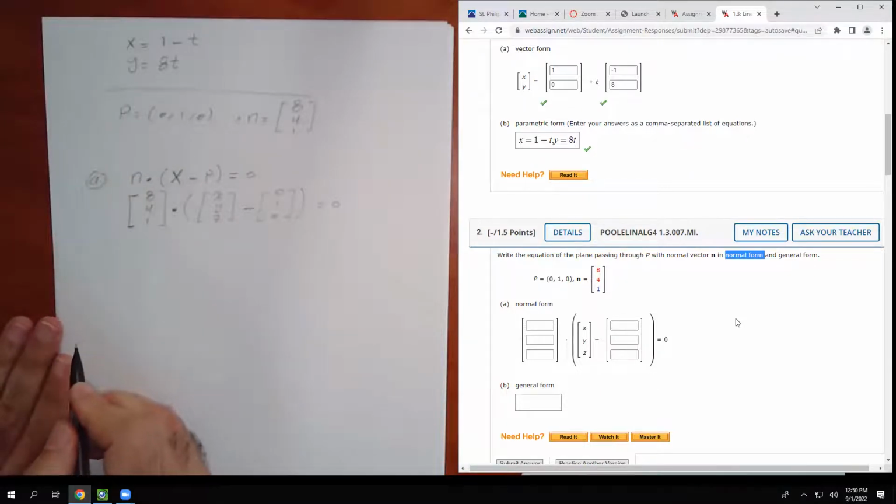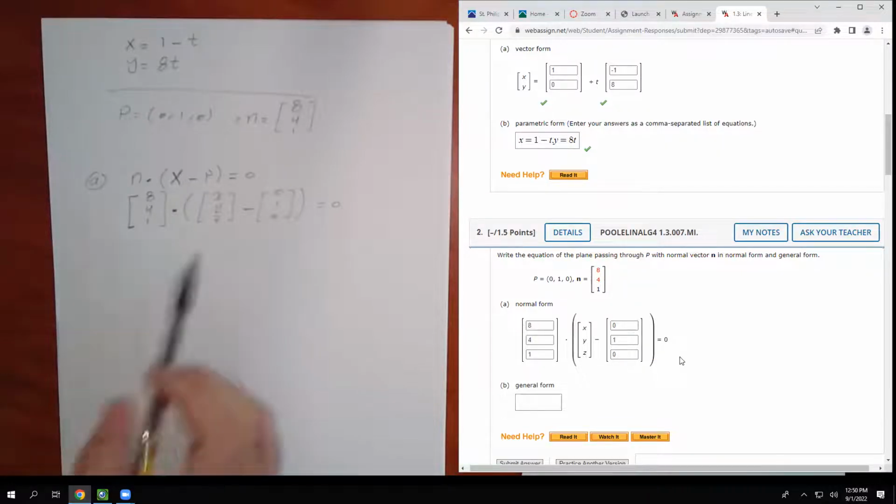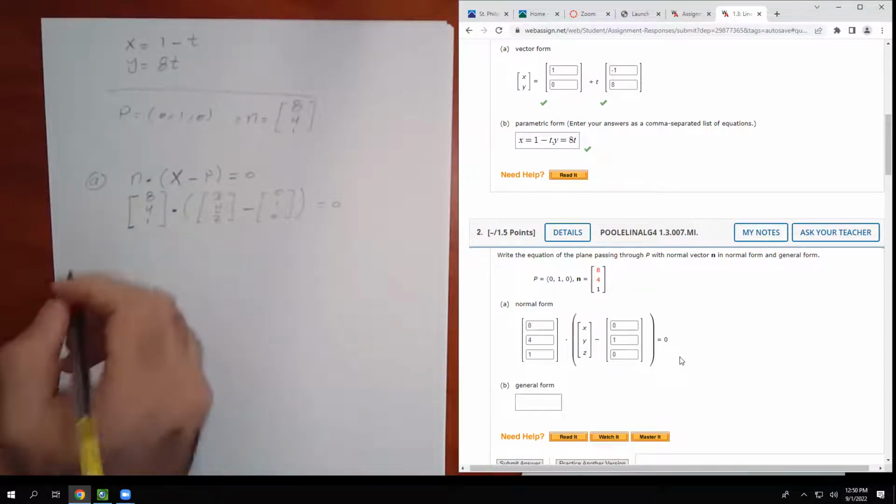So this is the vector form, the normal form. Here we write down the normal vector, which is 8, 4, and 1, and here is the point, which is 0, 1, 0. So you see, this is the normal form.